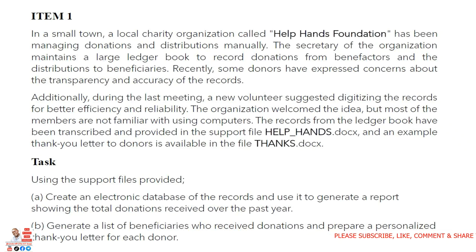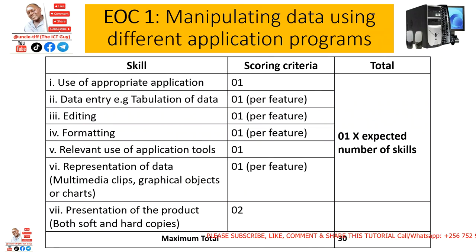Before approaching this question, there is something that we need to have in mind, and that is what we call the elements of construct. For such an item, always remind your learners about the elements of construct.